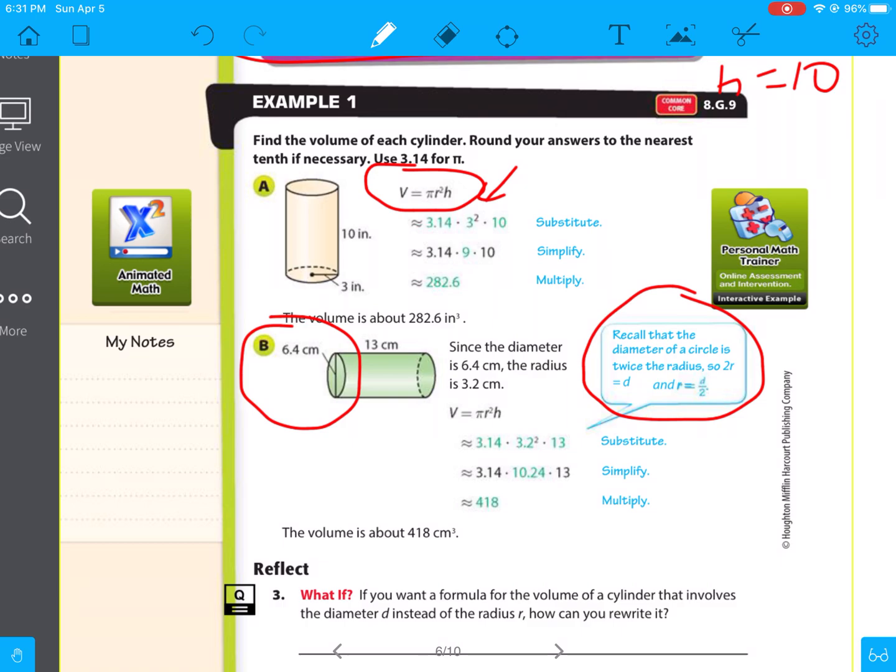So 6.4 divided by 2, so your radius is 3.2. Your pi is 3.14, and then your height is 13. So it would be 3.14 times radius squared, 3.2 squared, times your height, which is 13. And then you would get about 418.